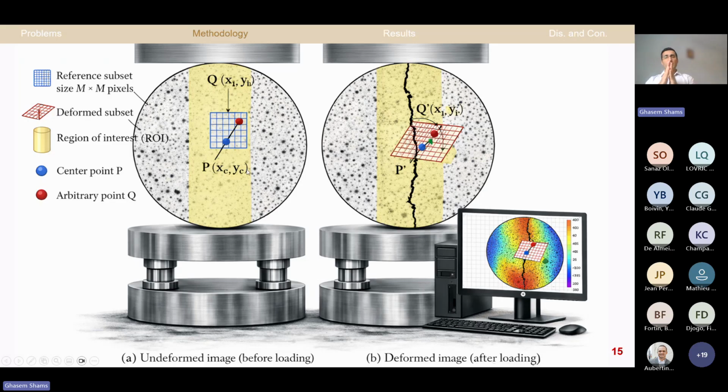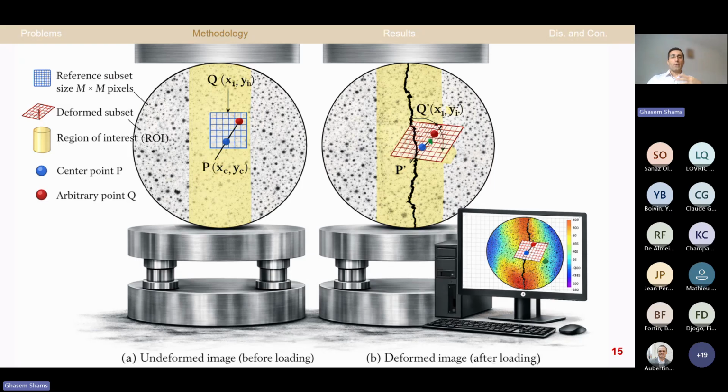And during the loading process, this subset is tracked by the software, and each displacement and deformation between this original subset before loading and the corresponding subset on the surface of a deformed specimen during the loading, comparing these two subsets at each loading step, we can determine the displacement and deformation.